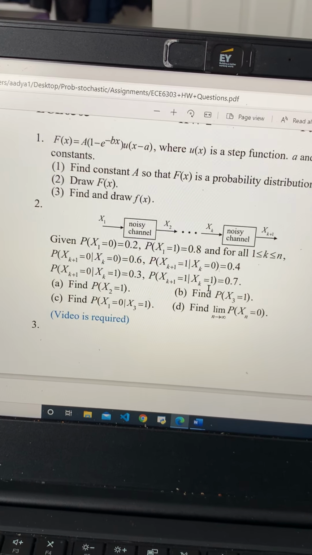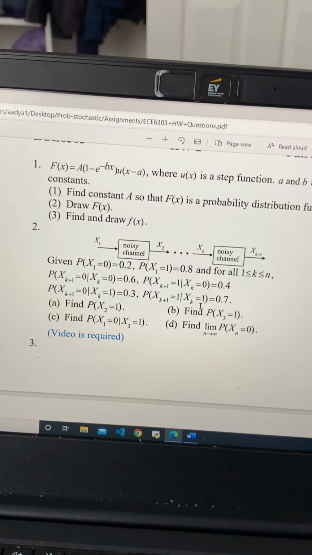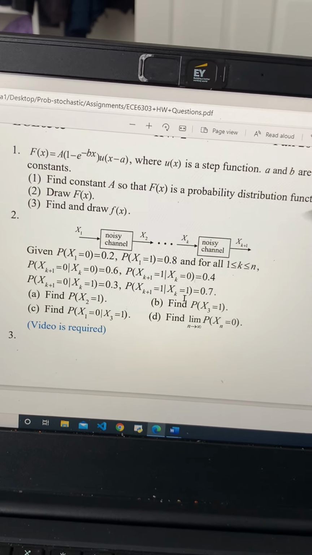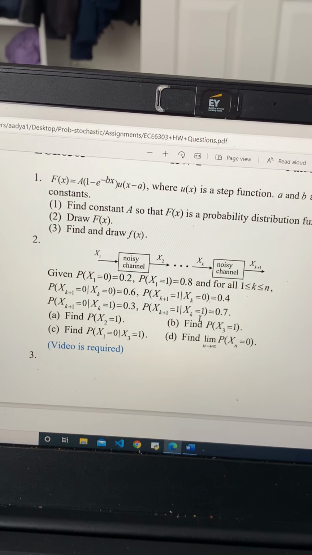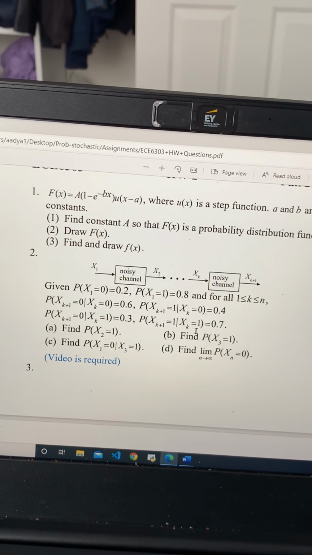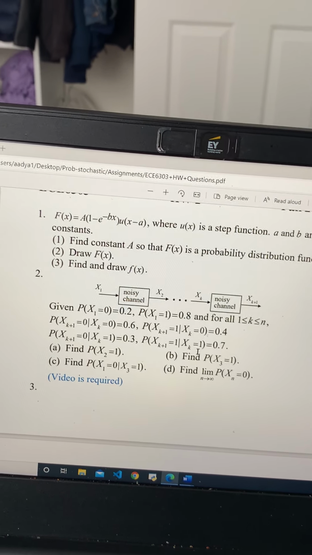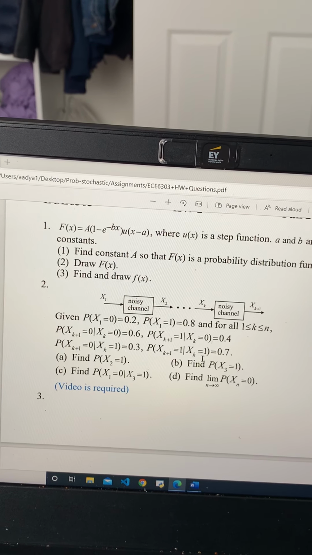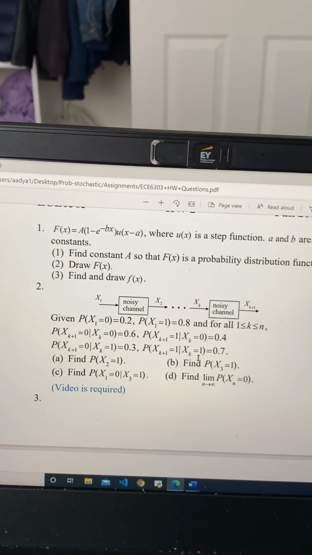So basically in this question we have x1, x2, up to xk, xk plus 1 transmitting through a channel. We have some given probabilities. Probability of x1 equal to 0 is 0.2 and probability of x1 equal to 1 is 0.8.